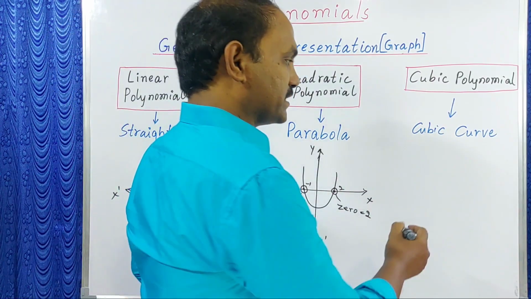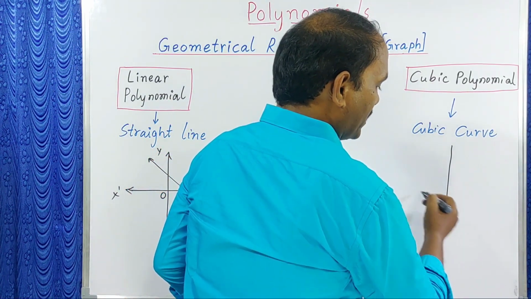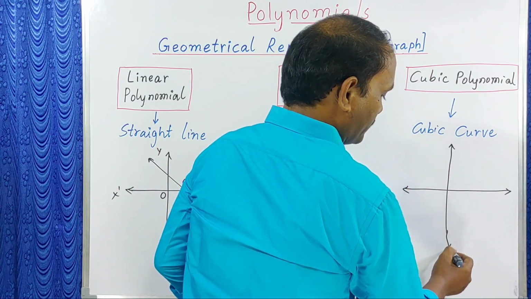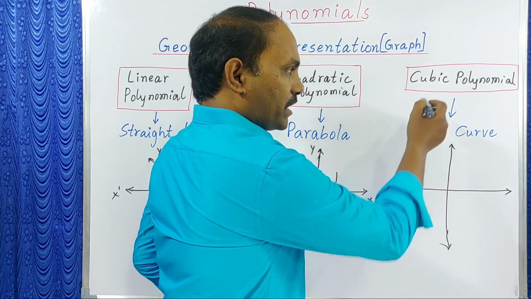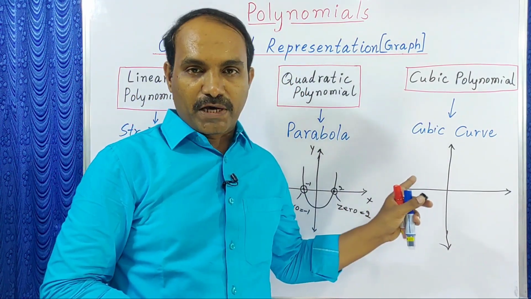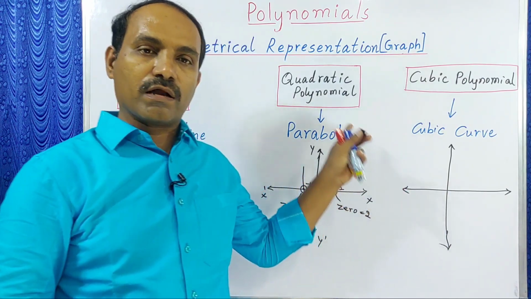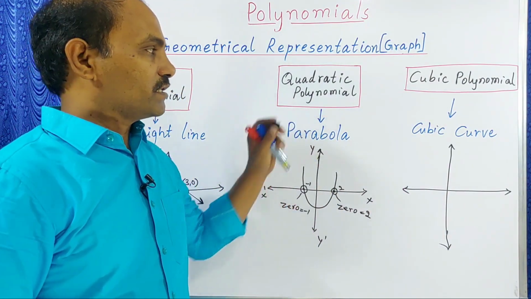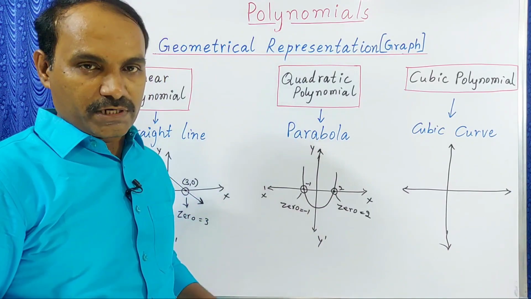Cubic, let us check the cubic polynomial. Cubic polynomial means cubic curve, how it is looking like. Now cubic curve touches 3 times. Remember that the zero of a polynomial is where the curve or graph meets the x axis. That point is called the zero of that polynomial.